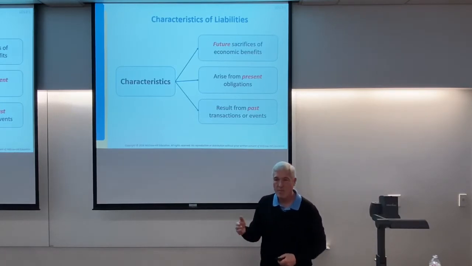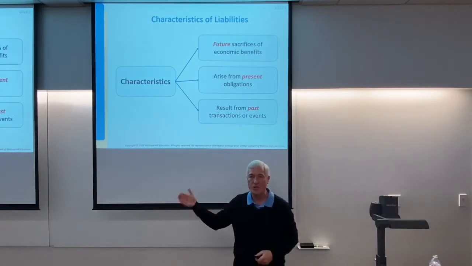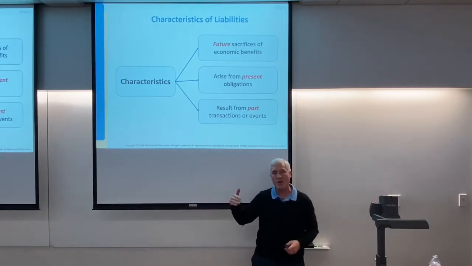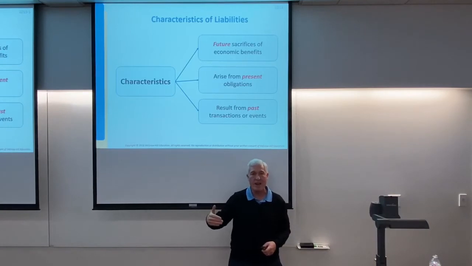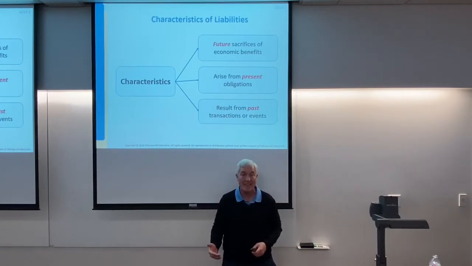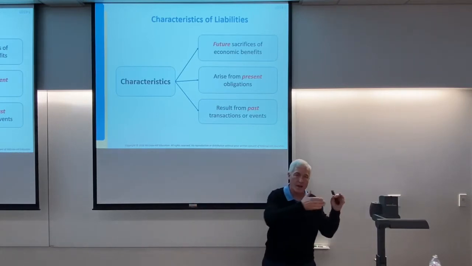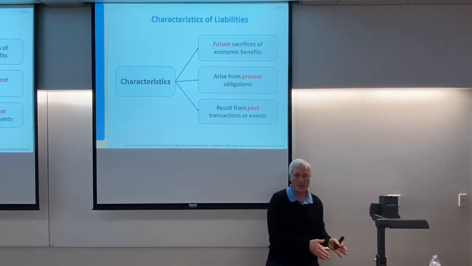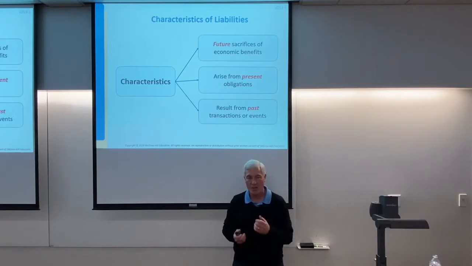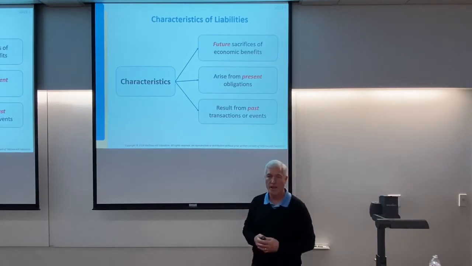Now, there may be 3, 4, 5 weeks until we issue our financial statements, and a lot of times there may be something that triggers a liability after the balance sheet date. So we have to be very careful that things we're trying to pick up occurred before the balance sheet date, and they'll be recognized on the balance sheet that we're reporting to the world.